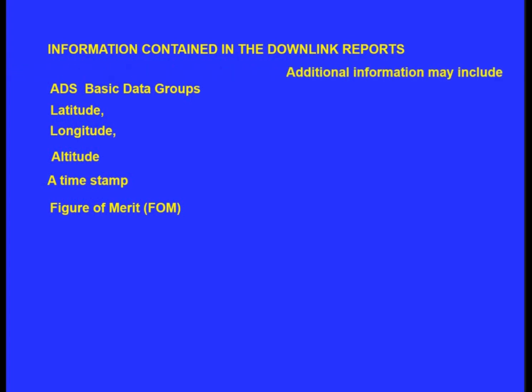Now, a number of other on-request data groups are also available for inclusion in the ADS report should the controller want, in addition to the basic group. These are the flight identification group. The controller may wish to know the flight. The Earth reference group, the air reference group, the airframe identification group.